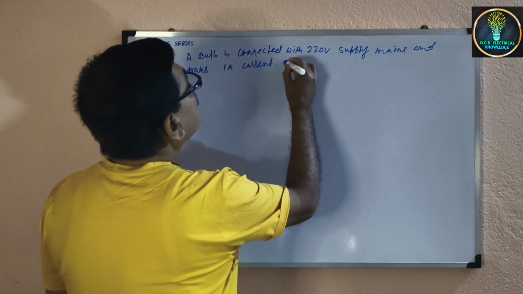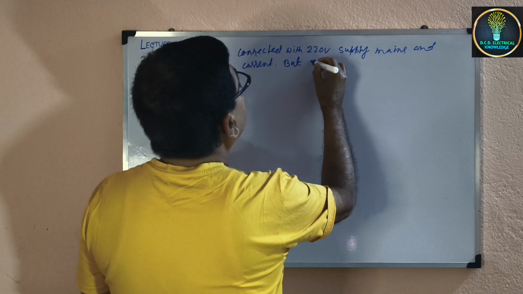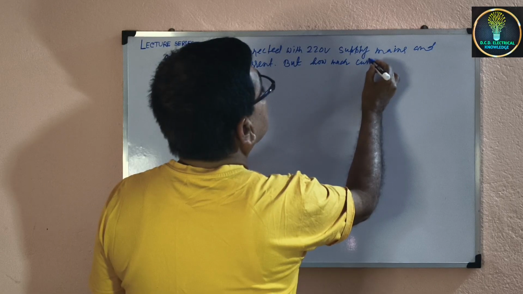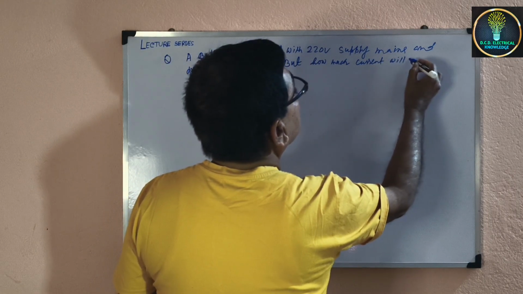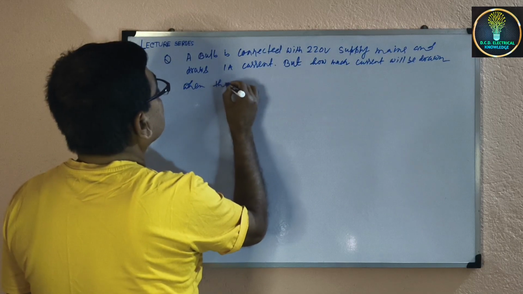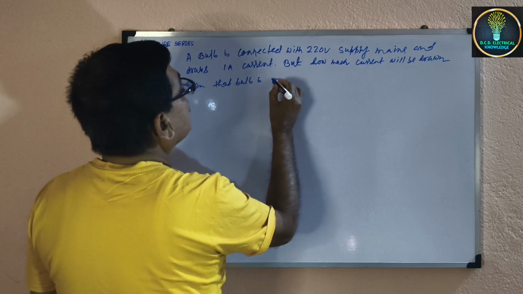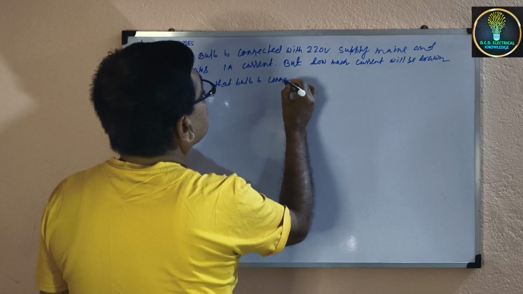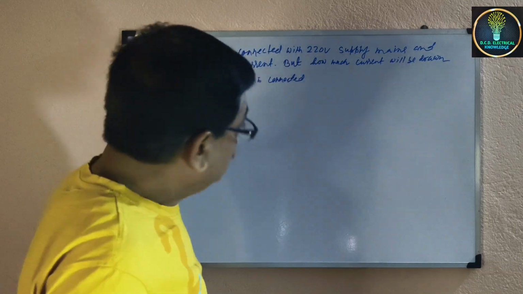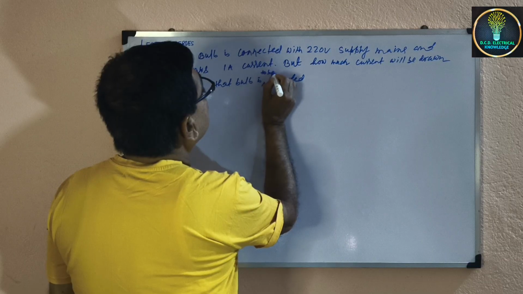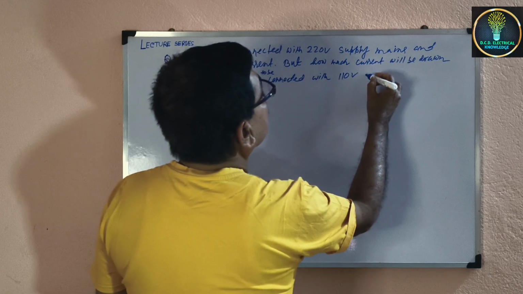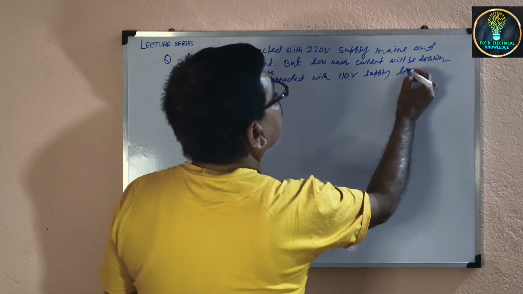But how much current will be drawn when that bulb is to be connected with 110 volt supply line main?